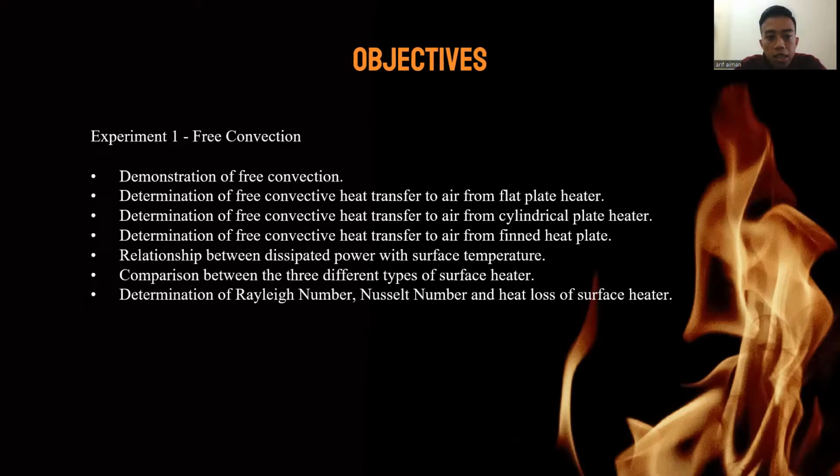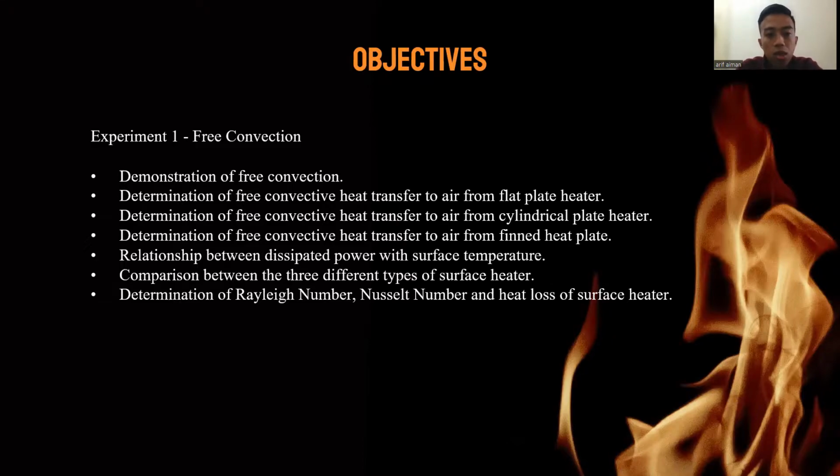Second, determination of free convective heat transfer to air from plate heater, and third, determination of free convective heat transfer to air from cylindrical plate heater. Number 4 is determination of free convective heat transfer to air from finite heat plate, and number 5 is the relationship between dissipated power and surface temperature.